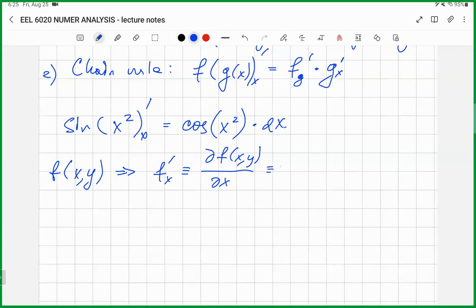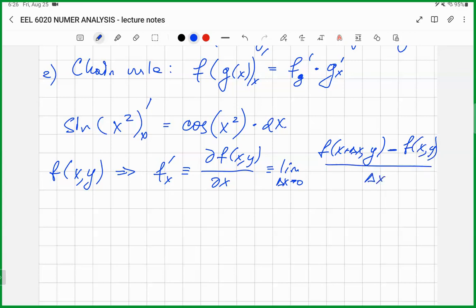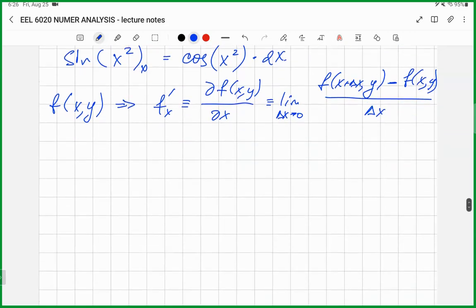By definition, it is the limit as delta x goes to 0 of f(x plus delta x, y), and I keep y here because the function is of several arguments, minus f(x,y), then divided by delta x. But this is just one option.